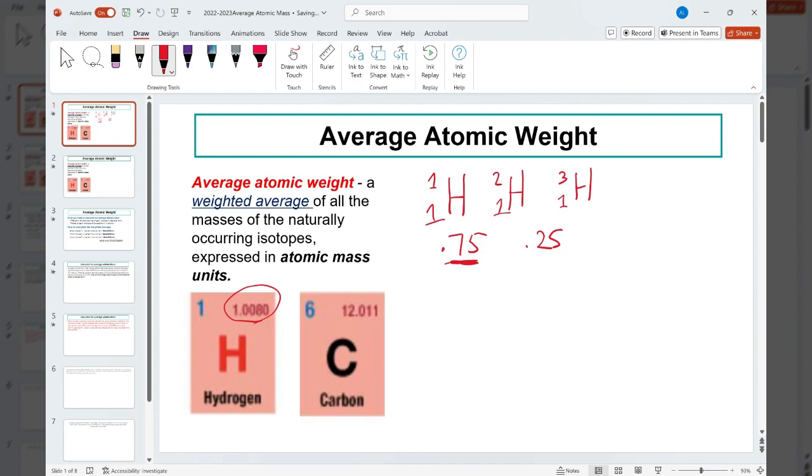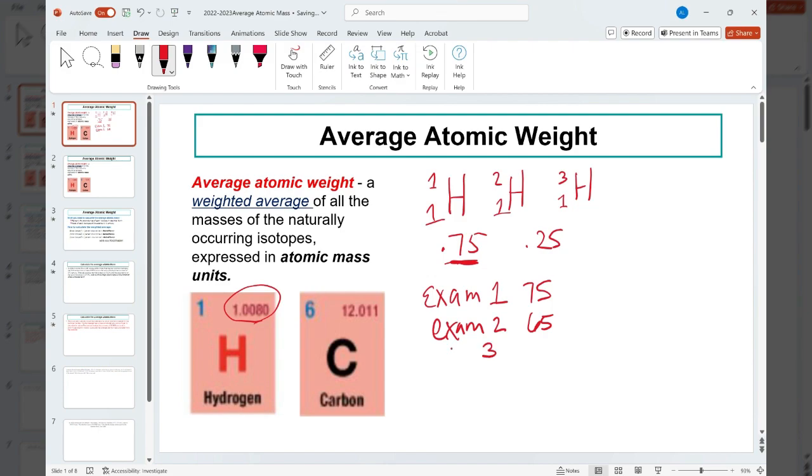So, quick example here. Let's say we have exam 1 and you receive 75% on it out of 100. Let's say you have exam 2 and you receive 65% out of 100.